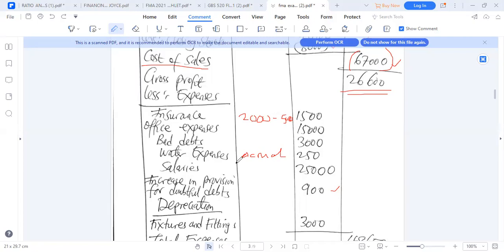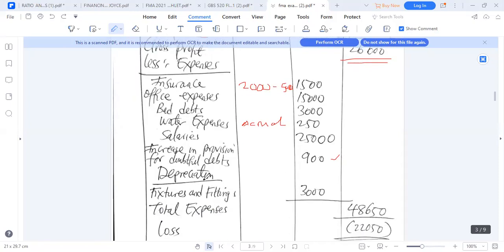Yes. So this increase in the provision for doubtful debts is 900, then the depreciation on fittings and fixtures was 10% of our 30,000. This is how we got the 3,000 here. And the total expenses, when you total up here, we get 48,650. You put them in brackets here.